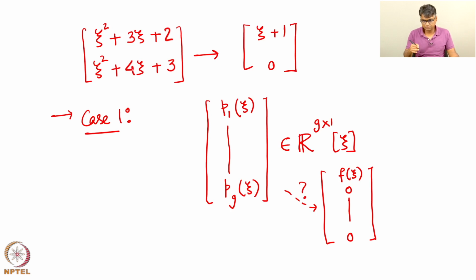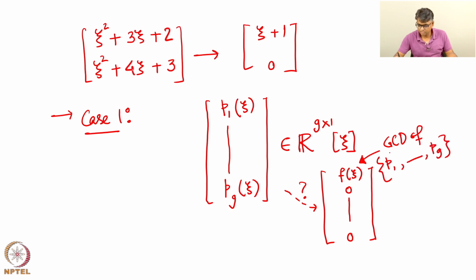And in fact, let me tell you beforehand, I am sure many of you are able to already guess what this f is. This f actually turns out to be the GCD of these polynomials, the greatest common divisor. Let us see how we are doing it.